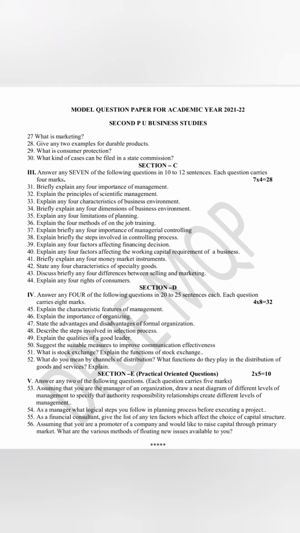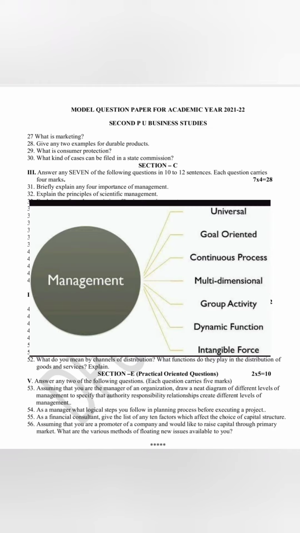Okay, now we'll move on to section D. Explain the characteristic features of management. The characteristic of management is that it is universal, universally applicable, and management is goal oriented. Though the nature of management might differ, the universality will remain the same.